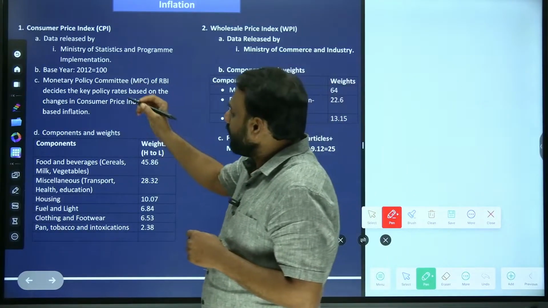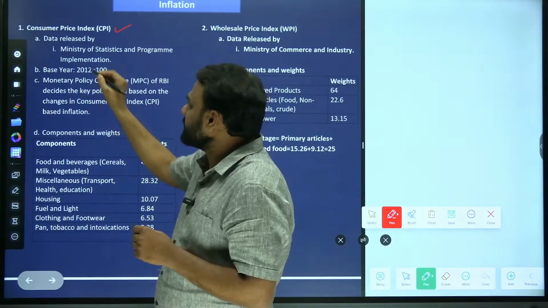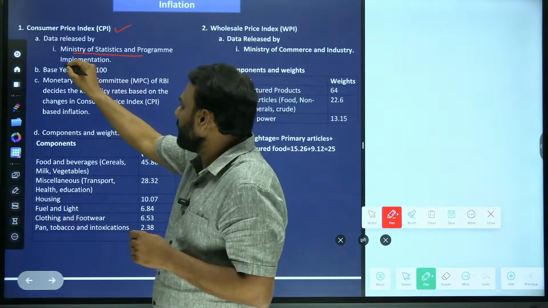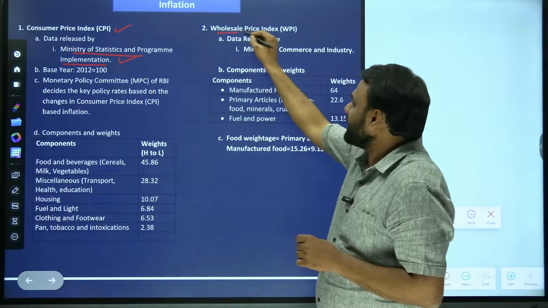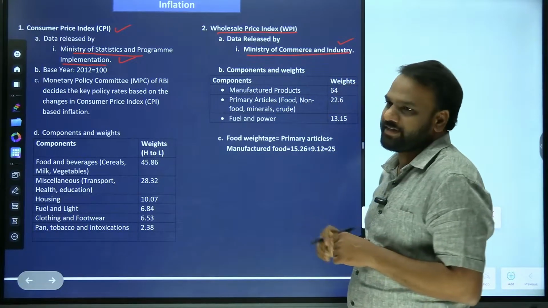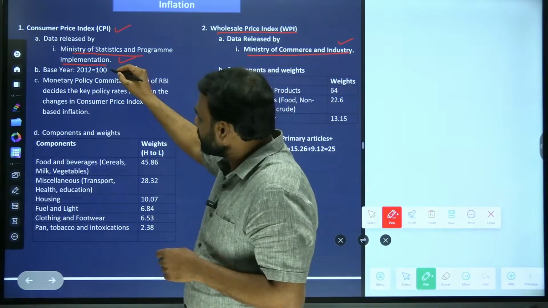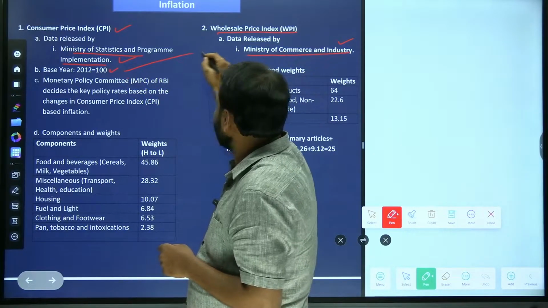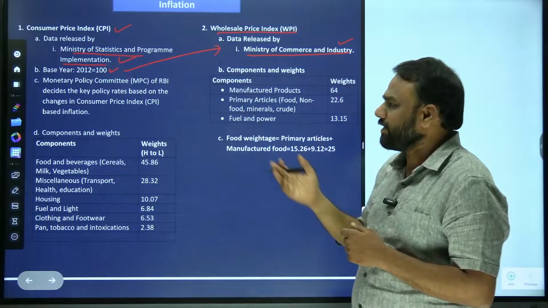Consumer price index based inflation data is released by the Ministry of Statistics and Program Implementation, whereas wholesale price index based inflation data is released by the Ministry of Commerce and Industry. Next, the base year: they have taken 2012 as 100. Similarly, the same extends to the wholesale price index as well. What is this base year? We shall see later on.